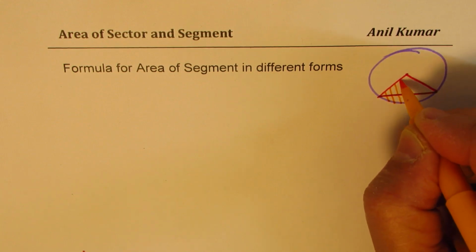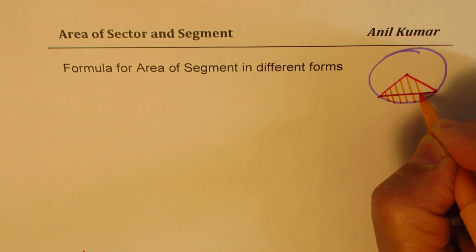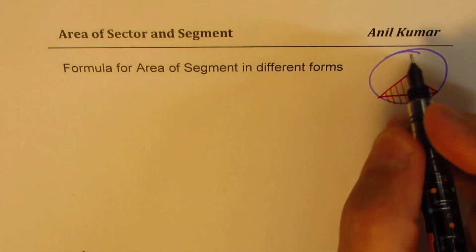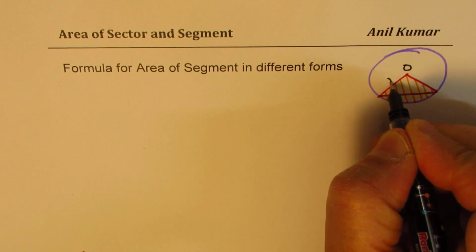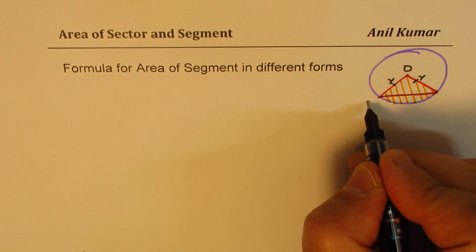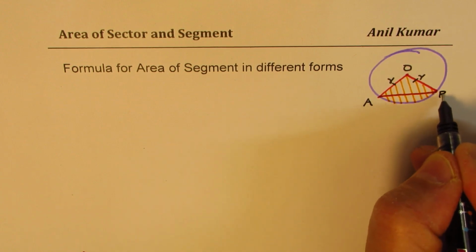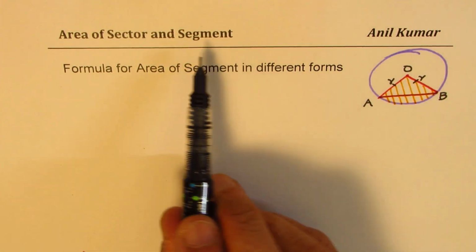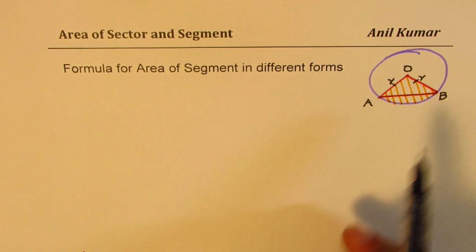So this is the sector we have, correct? Let me label it as O being the center, R being the radius. So that is an isosceles triangle which you see, A and B being the chord, correct? So we need to find, let us say, the area of the sector first.